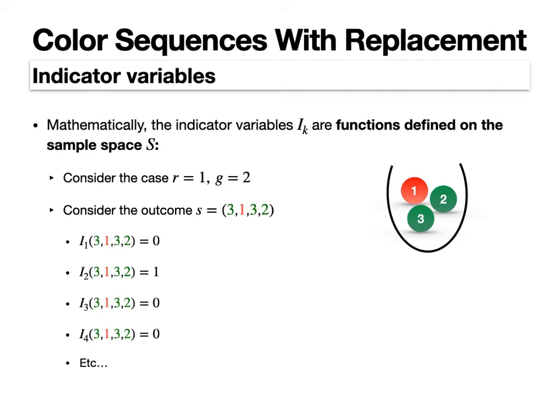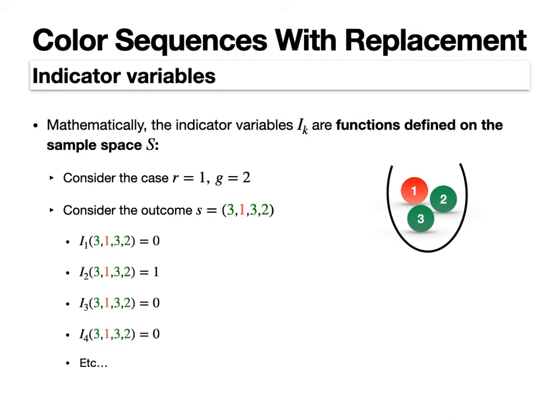Here I'm showing you an example in a case where we have 3 balls, 1 red, 2 green, and consider the outcome in which in the first 4 trials, ball 3 was drawn, then ball 1, then ball 3, and then ball 2. So that's the outcome. And think about what these indicator variables would tell us about the outcome. I1 of 3, 1, 3, 2 would be 0.